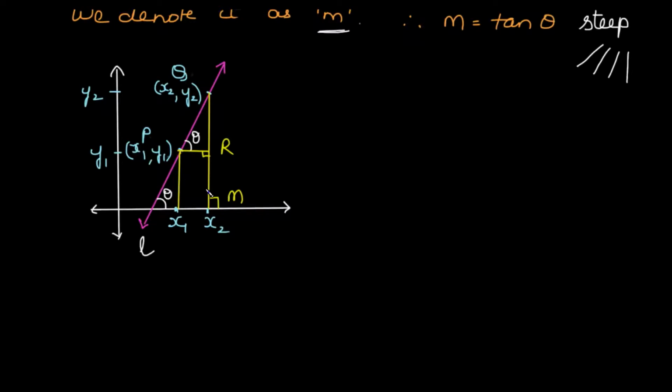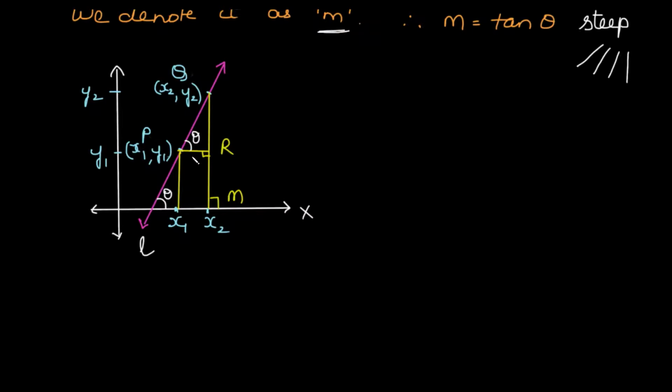Also, just to prove the concept, we are going to draw two perpendicular lines. We are going to draw QM, which is perpendicular to the x-axis. We are also going to draw PR, which is perpendicular to QM. These have already been drawn over here. You can just take a look here.